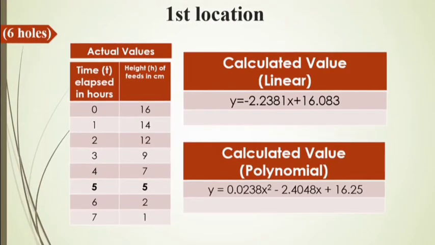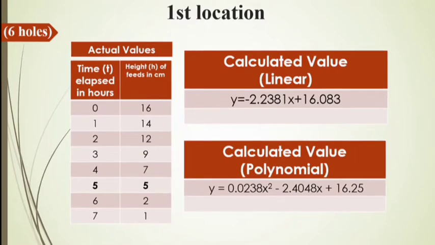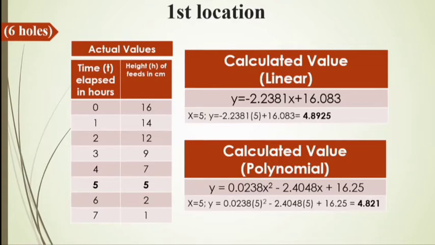So, our linear is y is equal negative 2.2381x plus 16.083. So if x is equal 5, then the calculated value is 4.8925, while polynomial is y is equal 0.0238x squared minus 2.4048x plus 16.25.